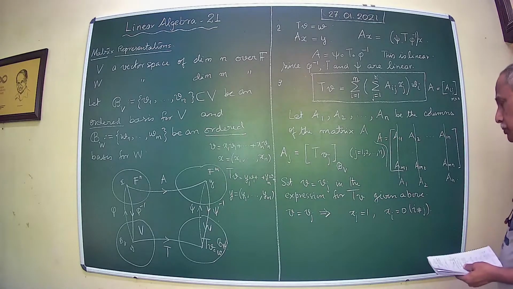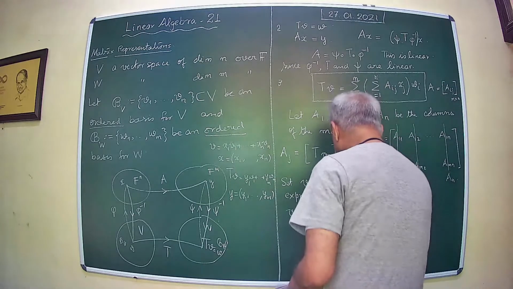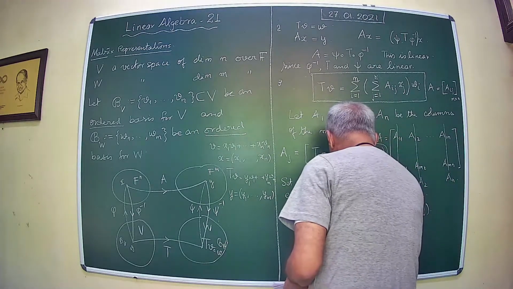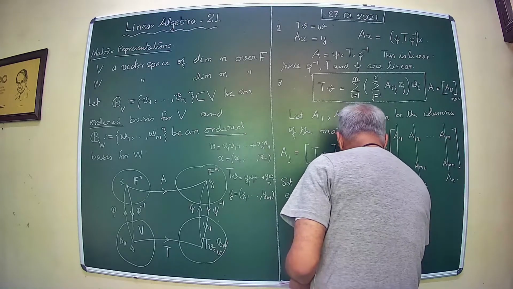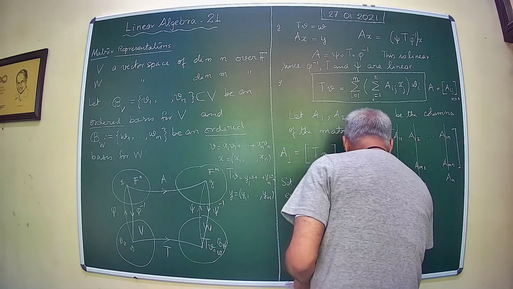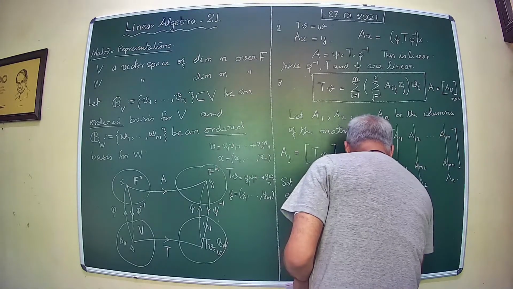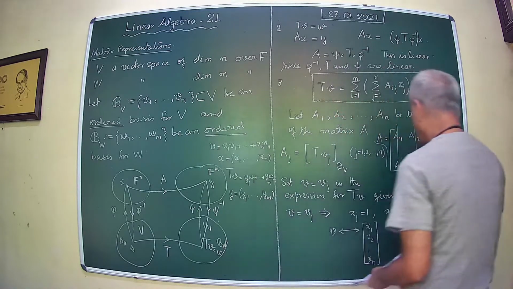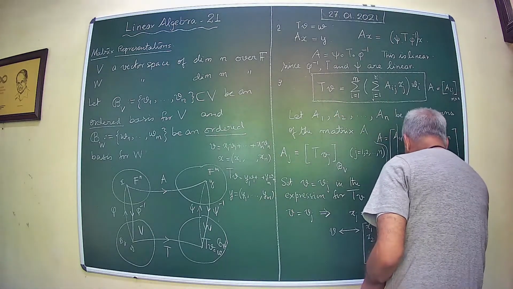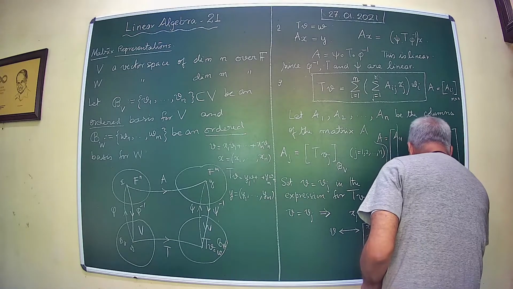where V is identified with, or we'll say the representation of V with respect to BV.